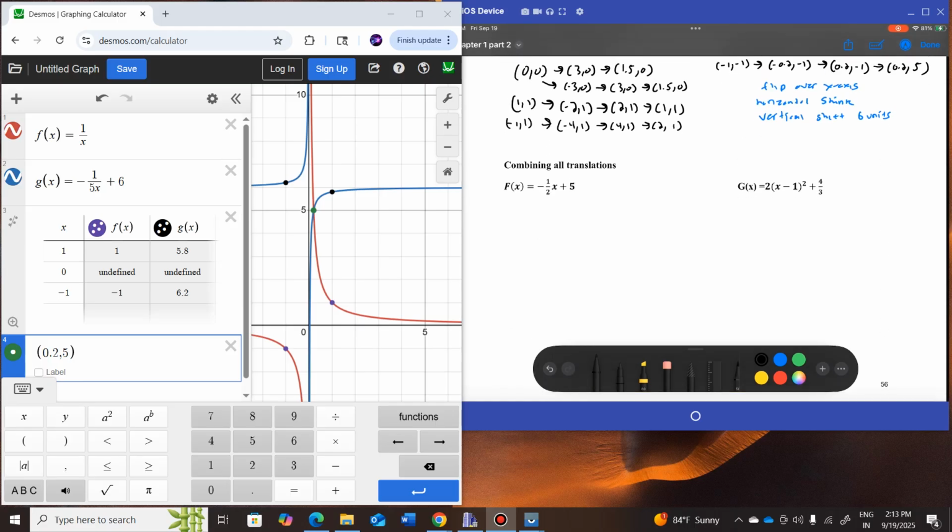Alright, so f of x, we can see a vertical shift, 5 units. We can see a horizontal stretch by a factor of 2, and a reflection over y-axis.